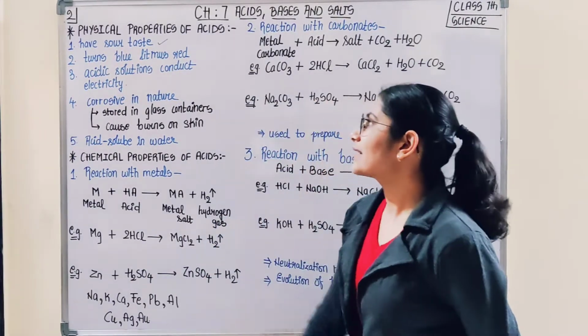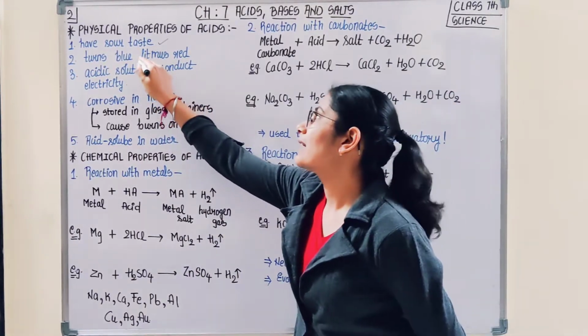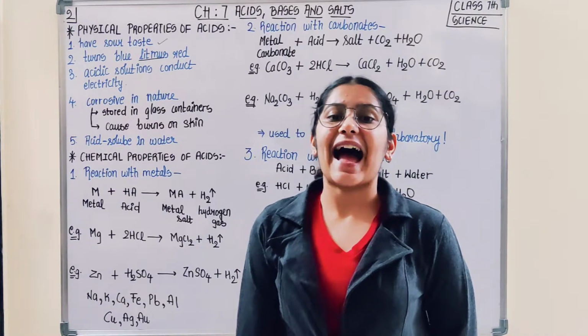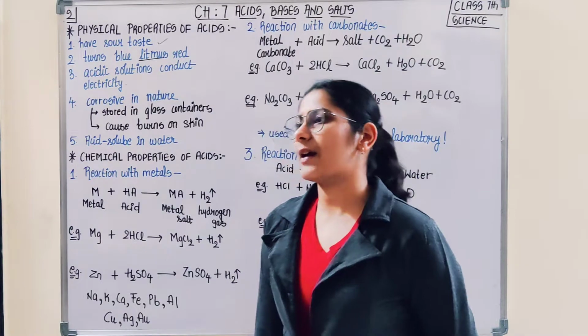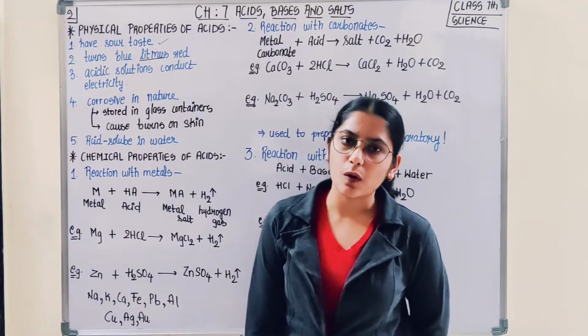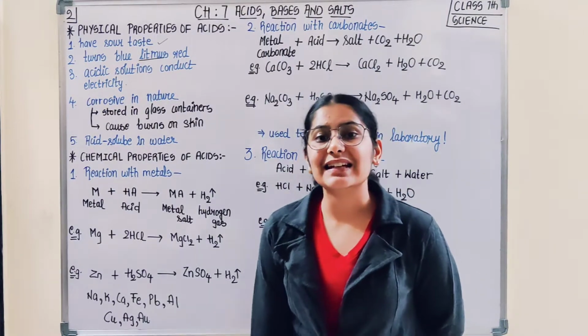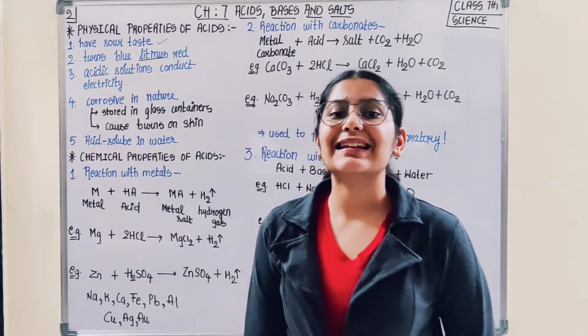Okay, we moved on to the next physical property: turns blue litmus red. Litmus paper is one of the acid-base indicators, as we have discussed. It is a natural indicator and is obtained from litmus. We already know that in neutral solutions it is purple, in acidic solutions it is red, and in basic solutions it gives blue color.